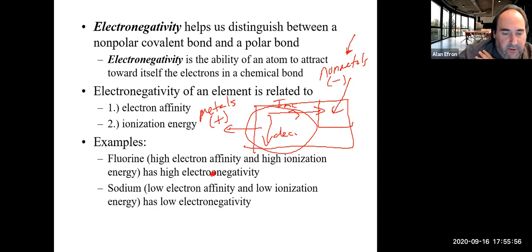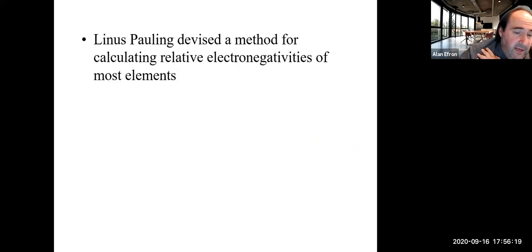Fluorine has high electron affinity and high ionization energy. And again, it will basically attract those electrons towards itself, while sodium has the opposite there. It's not looking to attract electrons, and it's really not looking to hang on to its electrons all that much. So that's why it helps us see metals making those positive ions.